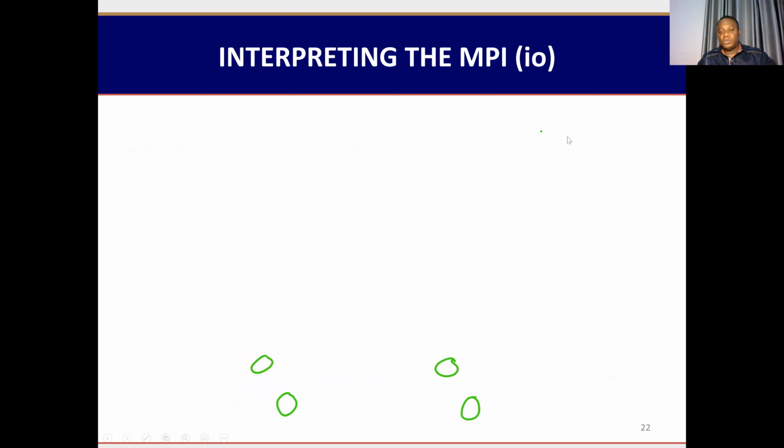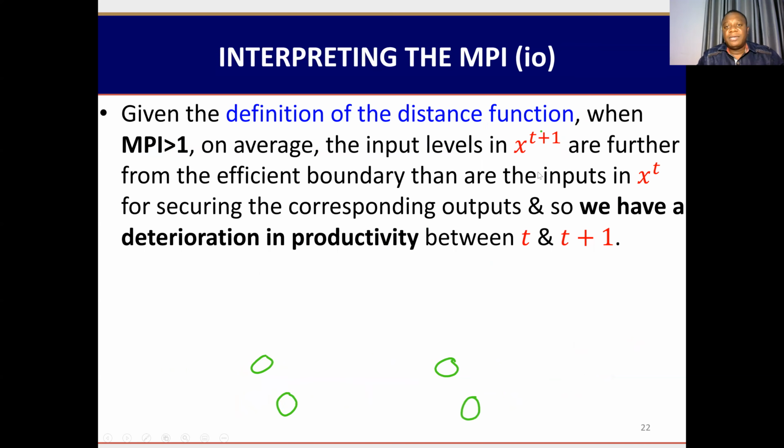Now, the next thing is how you interpret the score. How do you interpret this Malmquist productivity change index? Well, that is sometimes dependent on whether you are using the distance function or the efficiency scores, and whether you are dealing with input orientation or output orientation. In our case, we are dealing with distance function and input orientation.